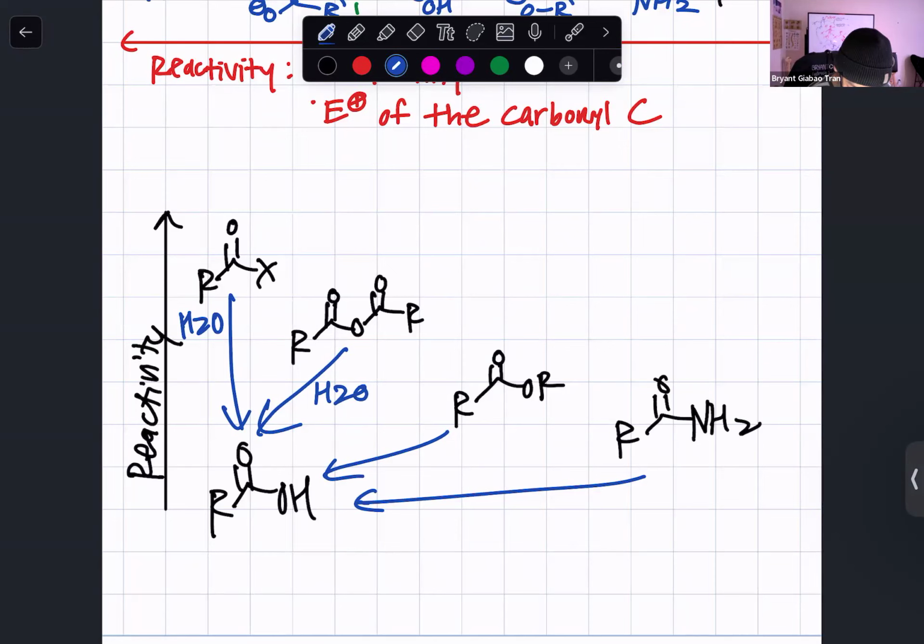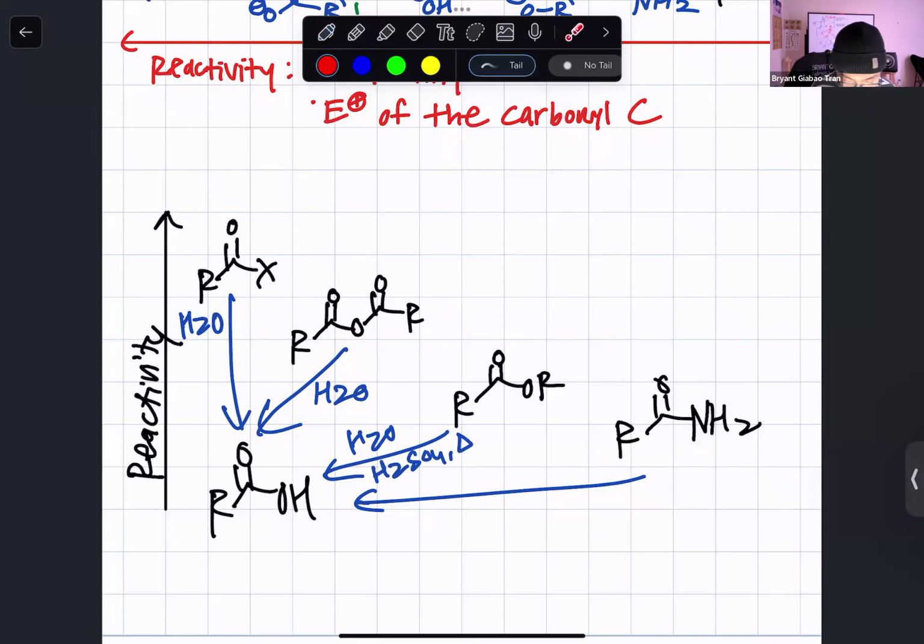right? But for the ester and amide, since they're the less reactive derivatives, they're going to need water and acidic conditions, most likely, and heat. If you use basic conditions, right, then you're going to have the carboxylate, the deprotonated version, and then you need to do an acid workup to get back to this carboxylic acid form. So I'm going to use acidic conditions just to go straight into the protonated version.